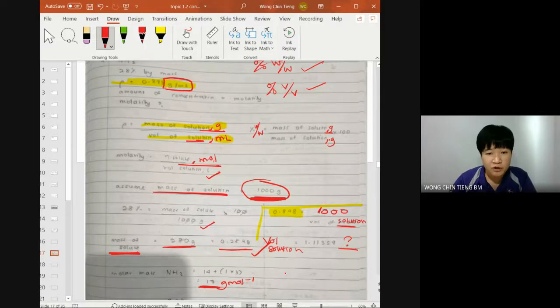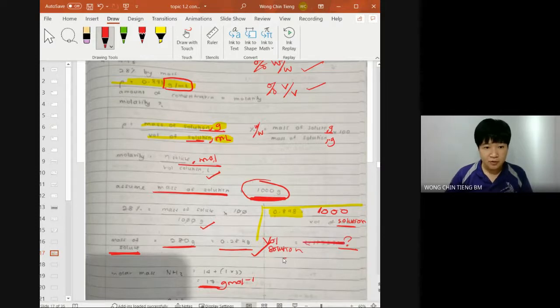Alright? Volume of solution calculated daripada jawapan kawan kamu ini yang assume 100 adalah, 1 second, let me calculate. Kalau dia guna 100, dia akan dapat lain. Sorry, dia guna 1000 bukan 100.